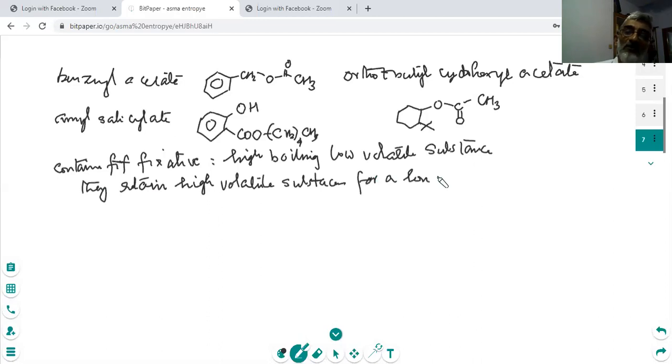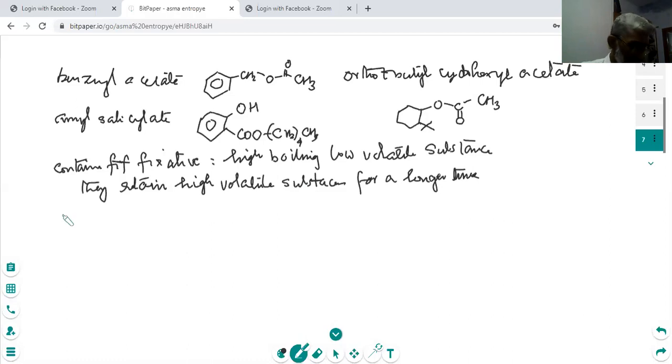This is the role of the fixatives. Okay. In perfumery industry, they use different words like base note, middle note, top note, and all this stuff. Those details will not go over here.